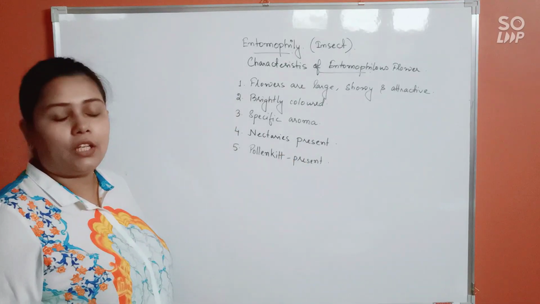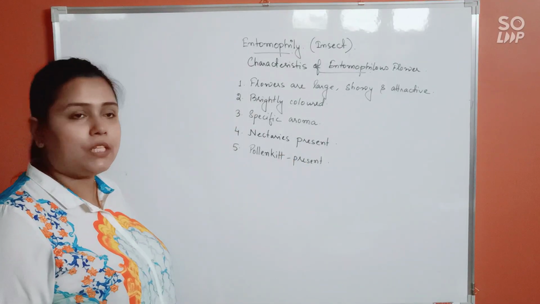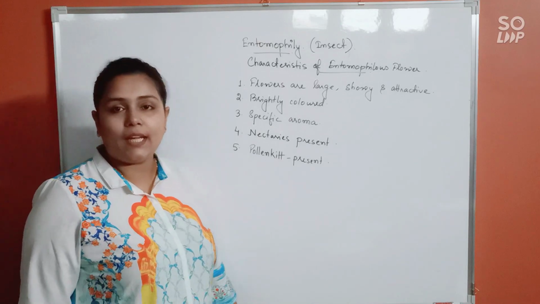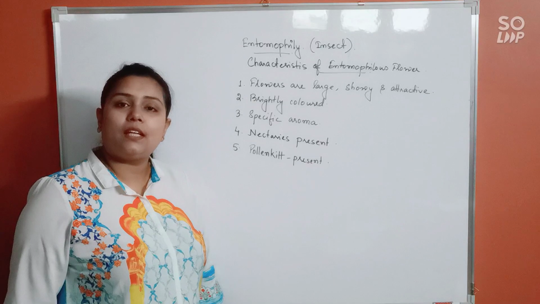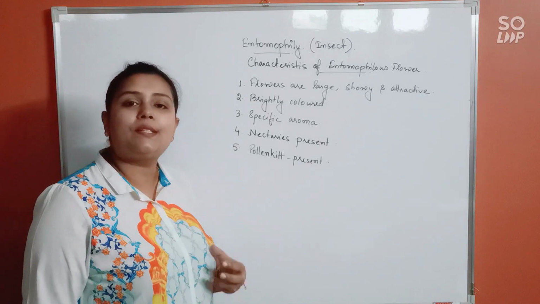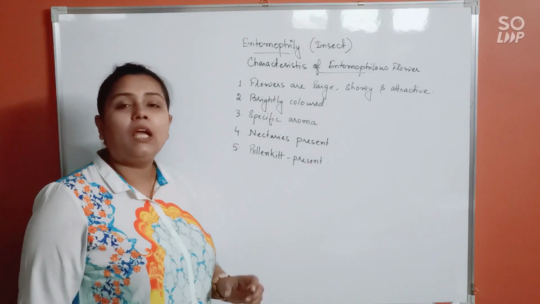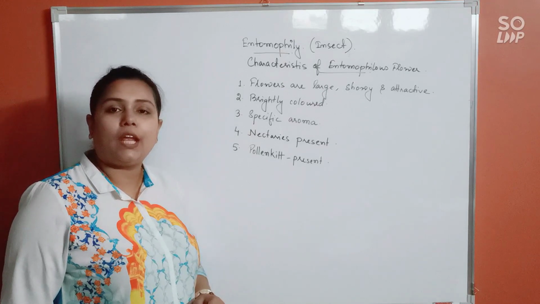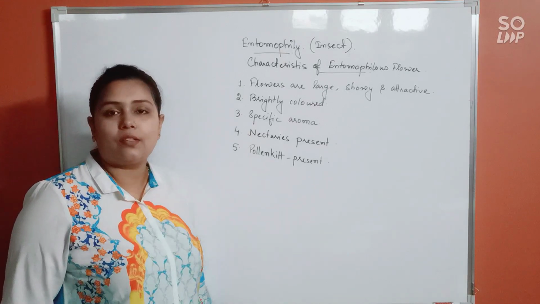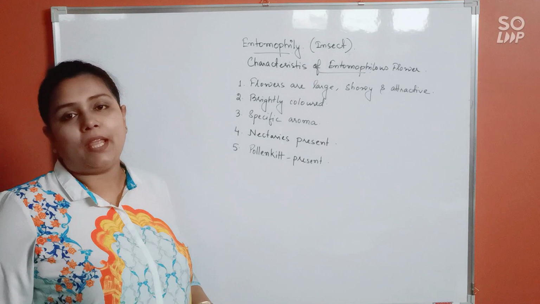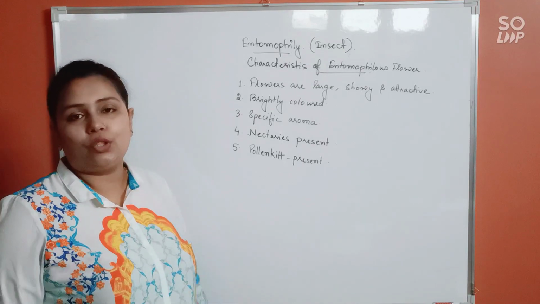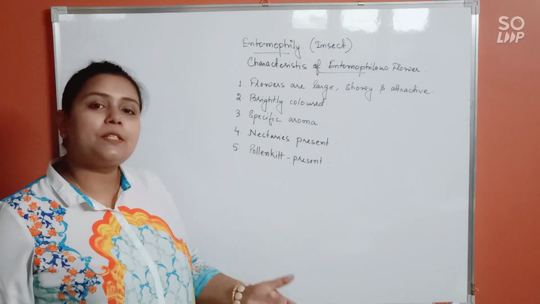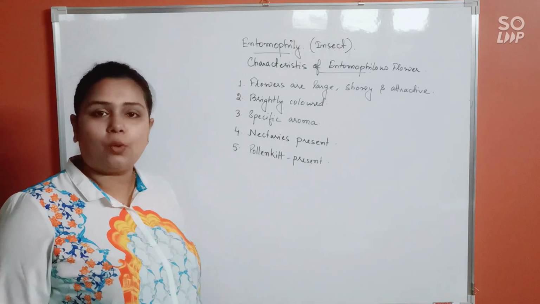If you remember, during microsporogenesis, we talked about something called pollen kit secreted by the secretory tapetum. Now pollen kit is a yellowish colored sticky fluid that will be present on the surface of the pollen grain for entomophilous flowers. Why? Because that will make the pollen grain sticky, and because of that they can stick onto the body of the insects and can be dispersed to a longer distance. Okay?